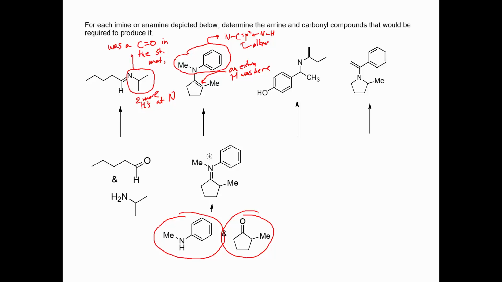So don't worry about the selectivity. We'll revisit the selectivity issue a little bit later in the class. But recognize that the unsymmetrical ketone that I have shown here gives you the possibility of making 2 different enamines. Okay, the forward reaction could have also made a different enamine as well.